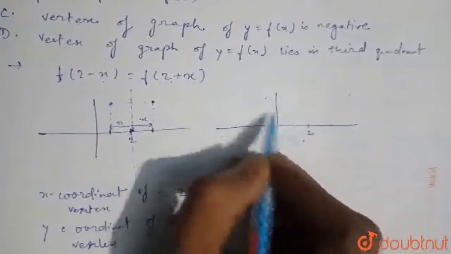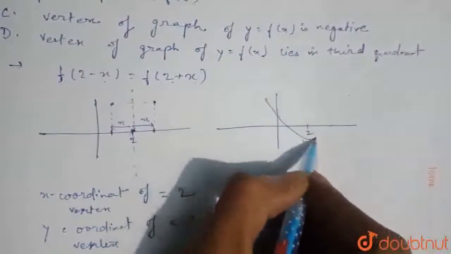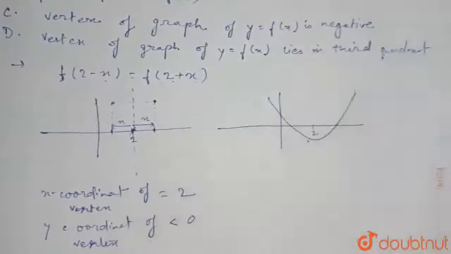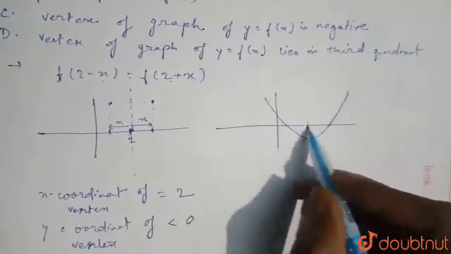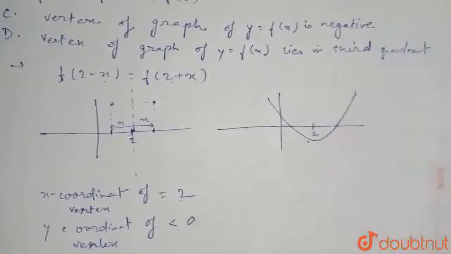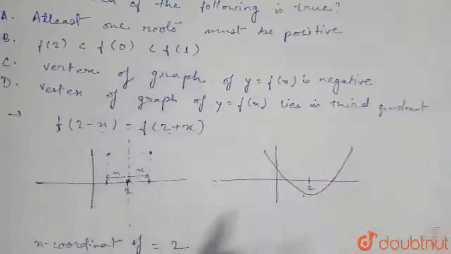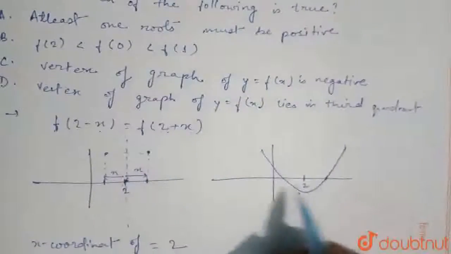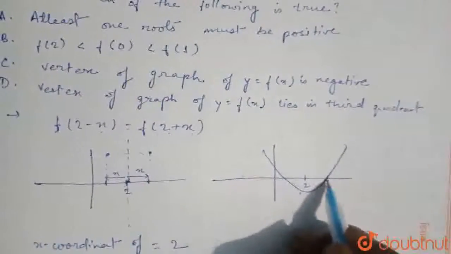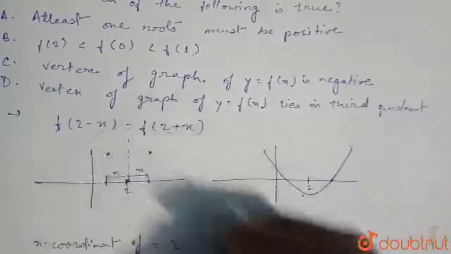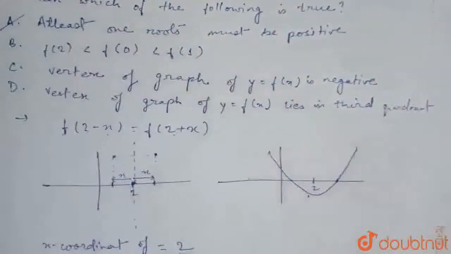At x = 2, it will have the vertex. Now one of the roots will exceed 2, since the vertex is at 2. So we have the option: at least one root must be positive. This root can be negative or positive, but this root will always be positive. So answer A is correct.